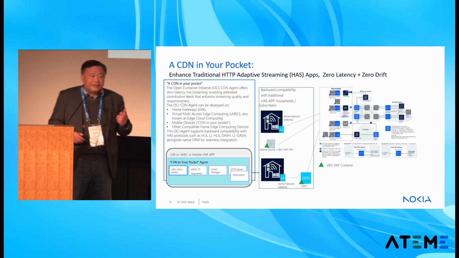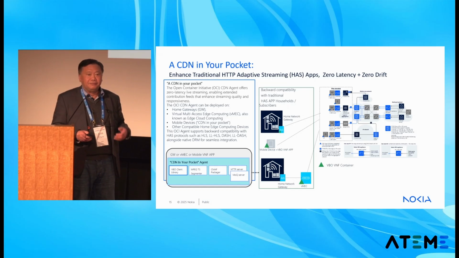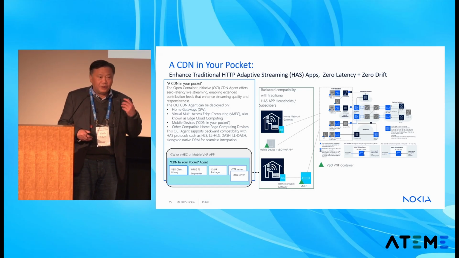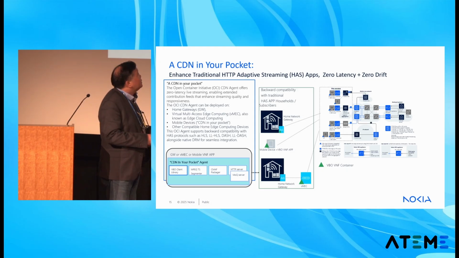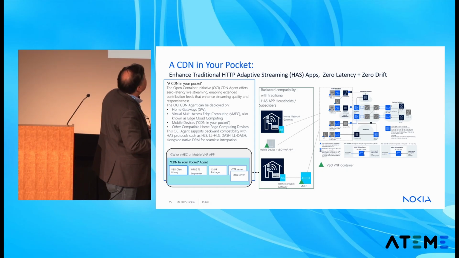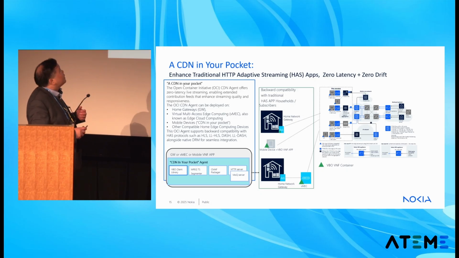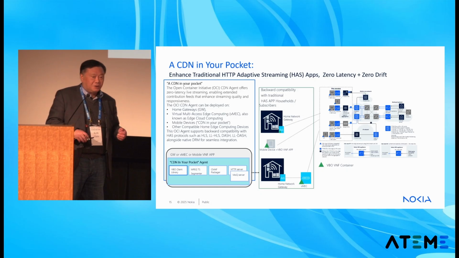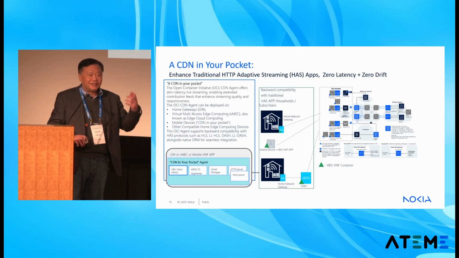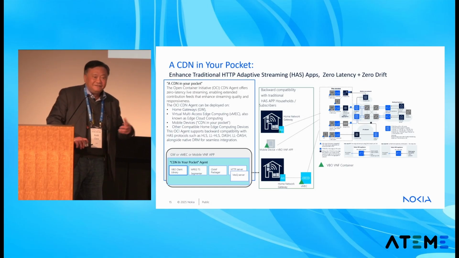So the next question we ask, how can we be backward compatible with HTTP streaming or something else? What we do is use a CDN in your pocket. Some of my colleagues tell me we should call it RTP support TCP.